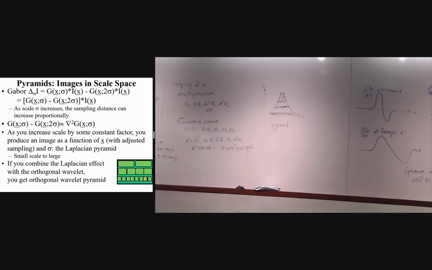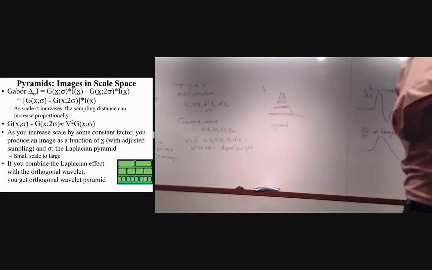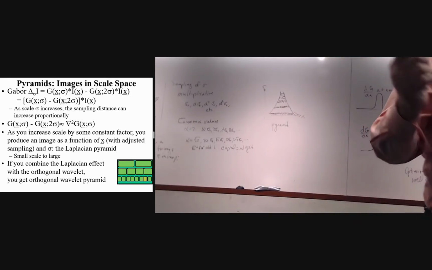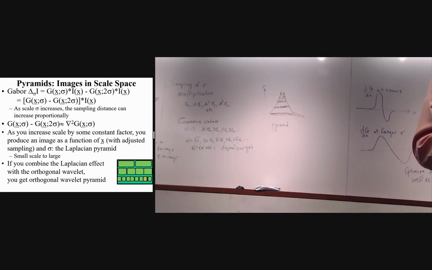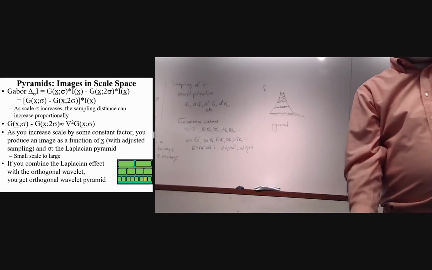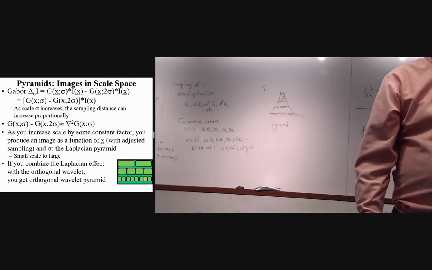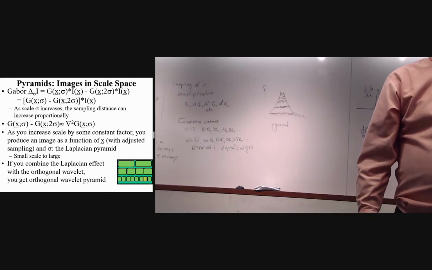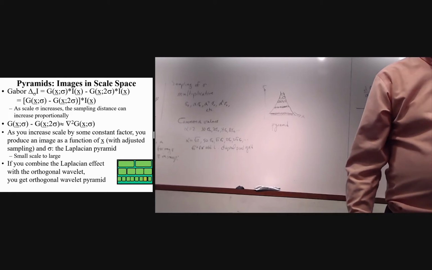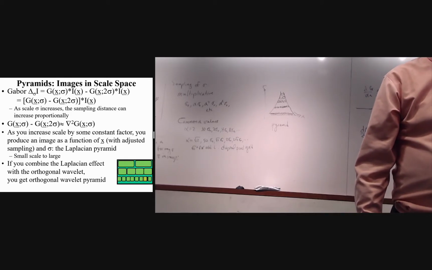Okay, so this word pyramid is a big deal in image analysis. If you go to Google and you Google pyramids in image computing or something like that, you will find lots and lots to read about. These pyramid methods are pretty popular and fairly effective.